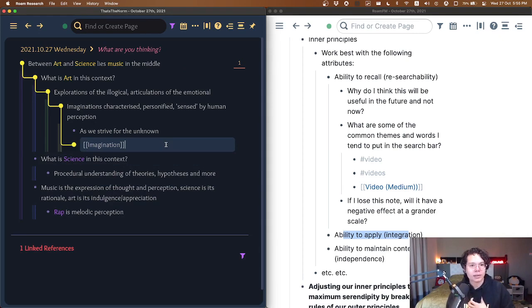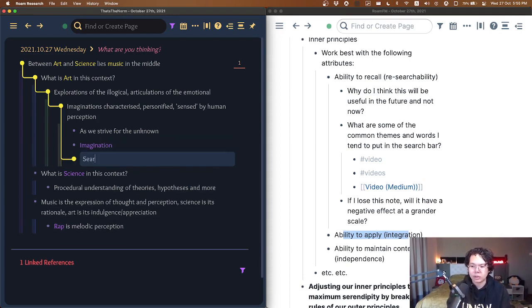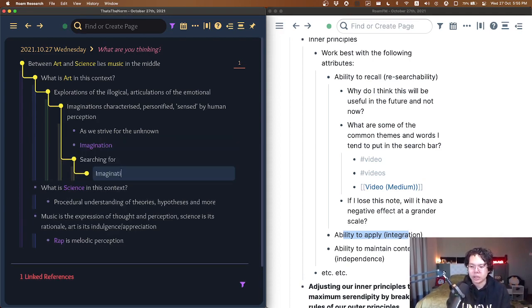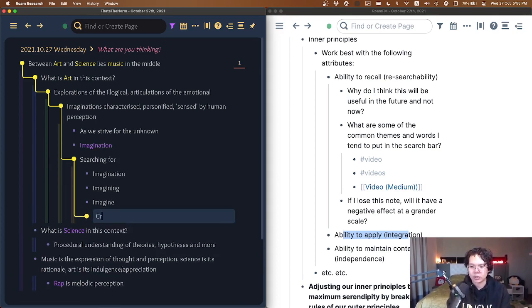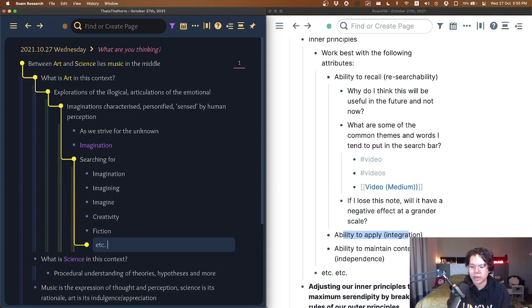My semantics compel me to think that searching the word in particular is potentially useful because I use that word a lot, imagination. And also searching the blocks for that word can also be useful. And then also searching the word in different forms can also be useful. So it could be searching for imagination, imagining, imagine, and to a certain extent, creativity, fiction, what have you.